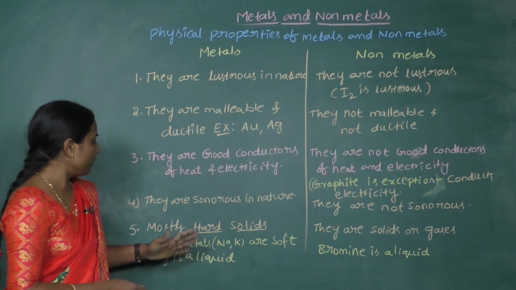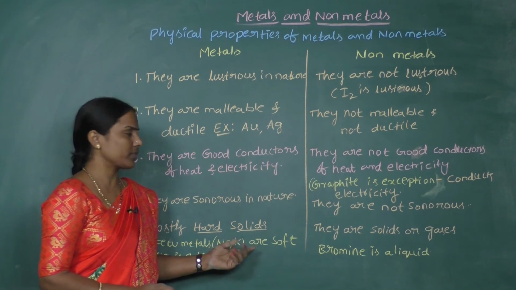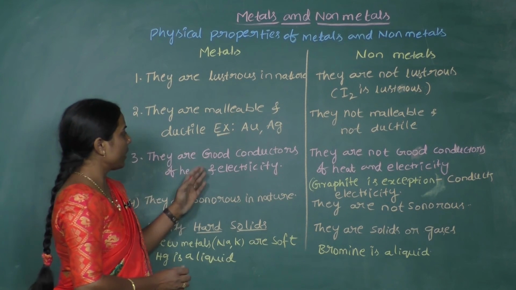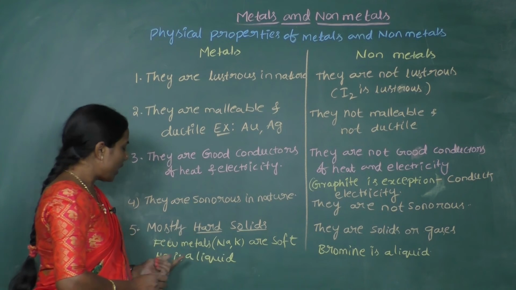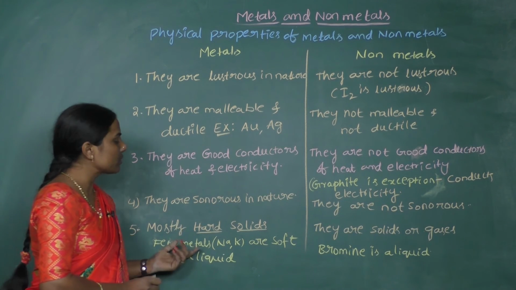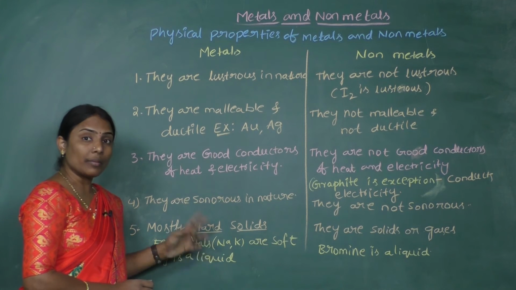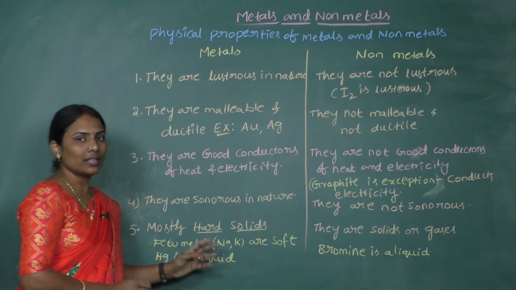Okay, so if at all we compare here, there are very few soft metals. Except for that exception, all remaining metals are hard in nature, right? And mercury is a very soft metal, but the basic thing is it is not a solid at all, it is a liquid.